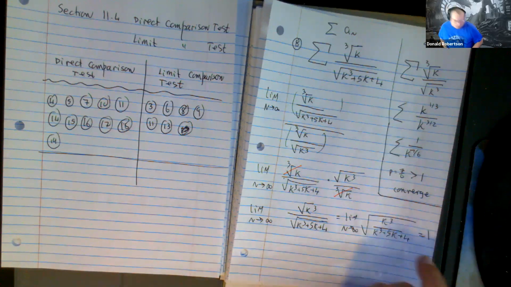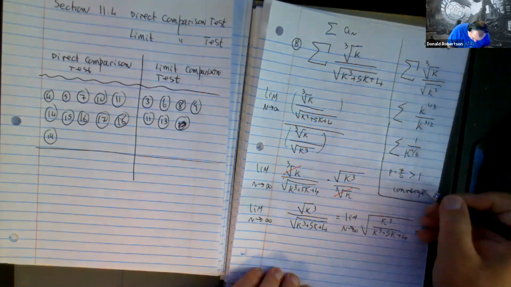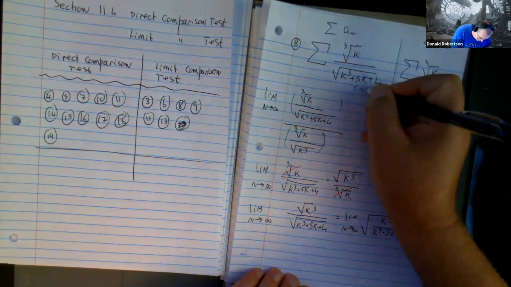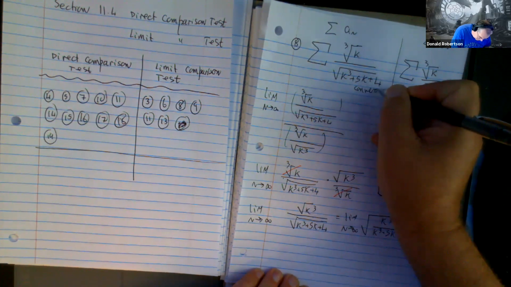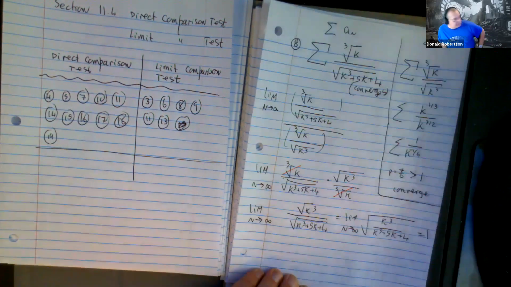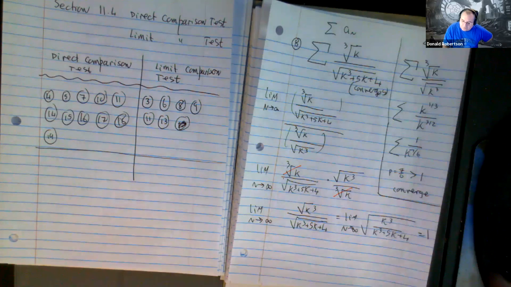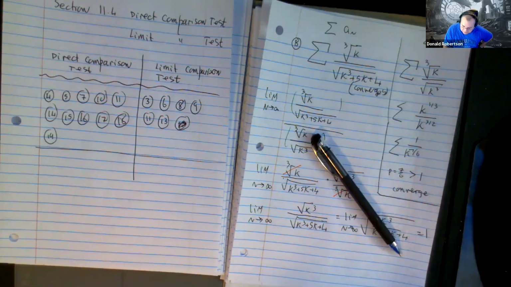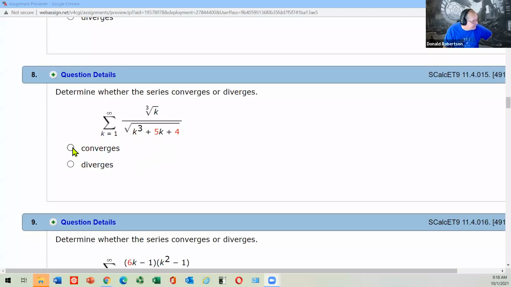Now, since this is a number and the comparison one converges, can't we now do this one converges? Unfortunately, well, for me, I think it's unfortunate, you might not. When you look at these questions in the homework, you only have 2 buttons. So they don't ask you to show anything.